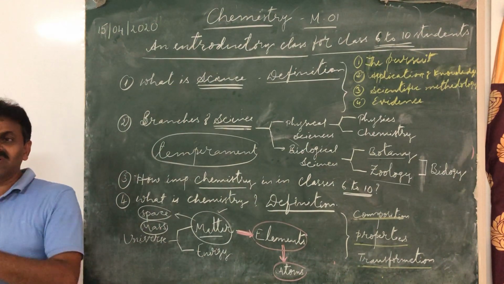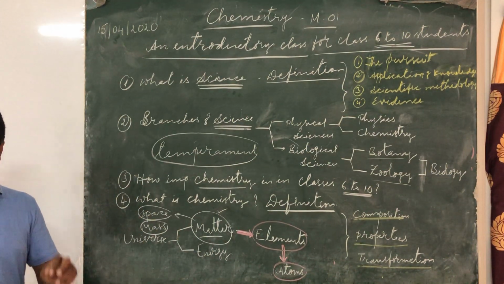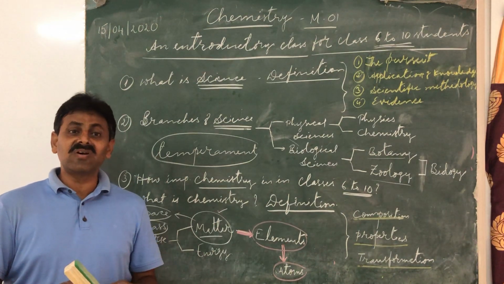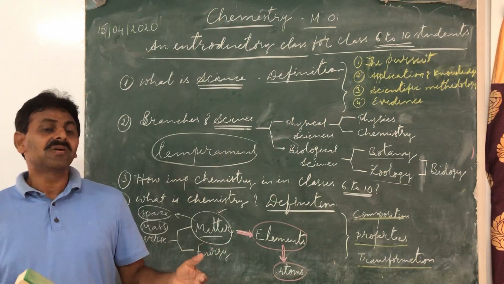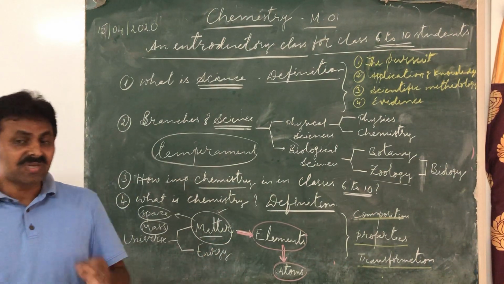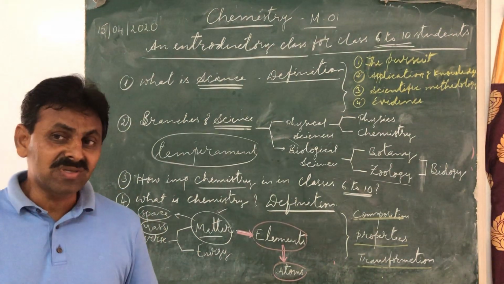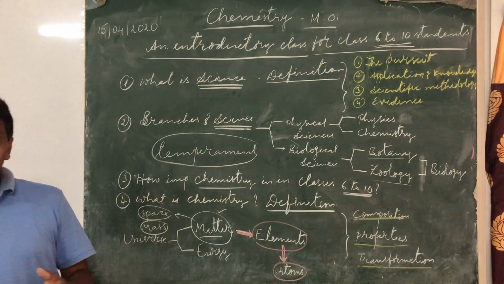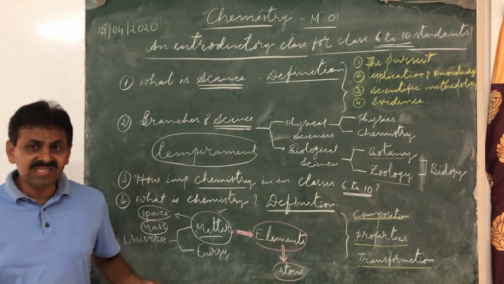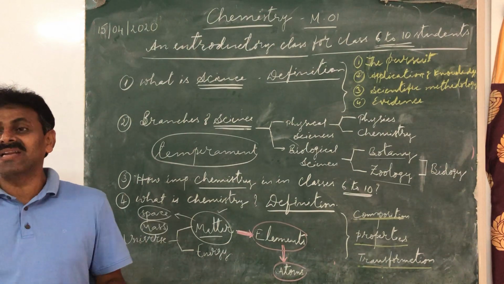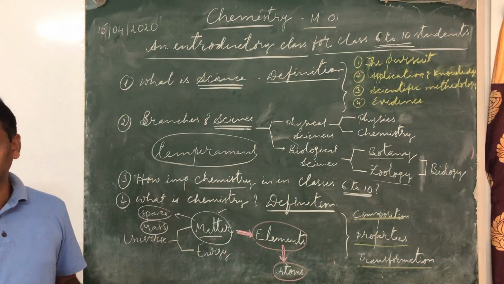Going in reverse order, cells constitute tissues, tissues constitute organs, organs constitute organ systems like respiratory and circulatory systems, and all these organ systems together constitute an organism, maybe an elephant, a human being, an ant, anything.